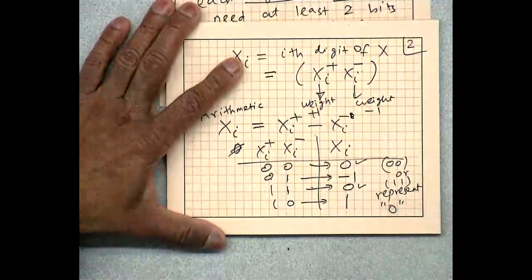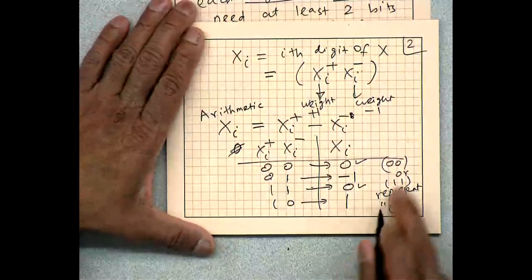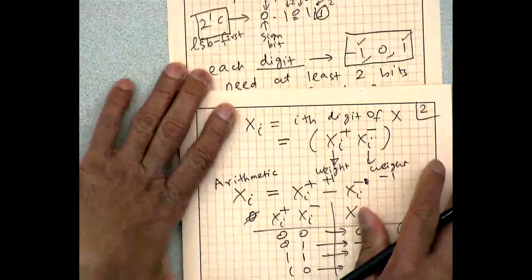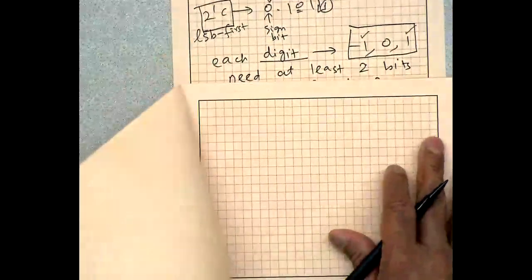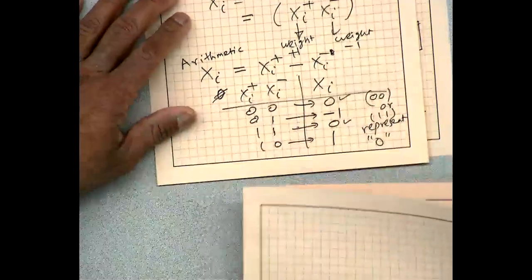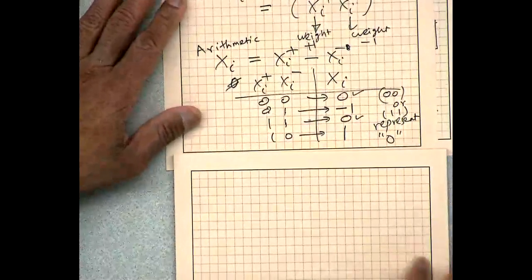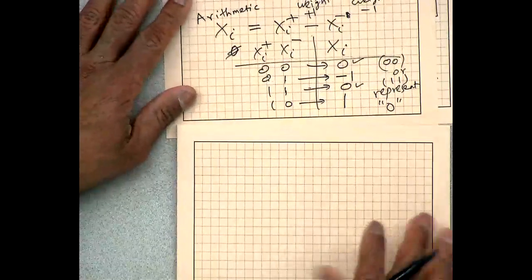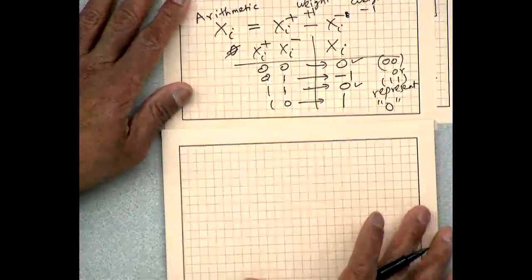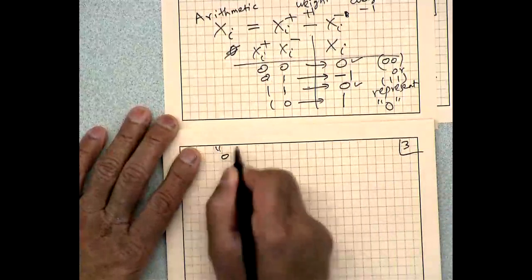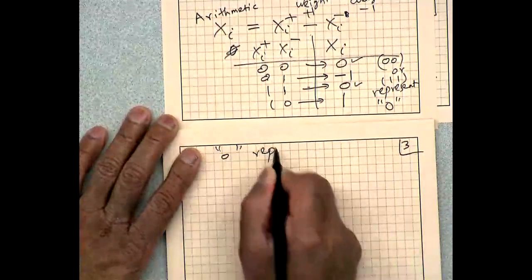That non-uniqueness really leads to this redundant arithmetic. If the 0 was unique, then we would not have redundancy.